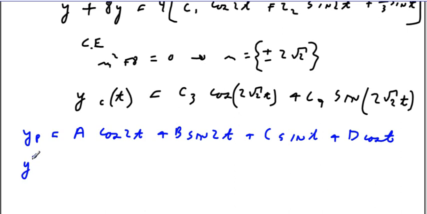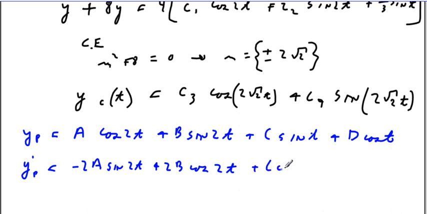And y prime sub p is minus 2a sine 2t plus 2b cosine 2t plus c cosine t minus d sine t.